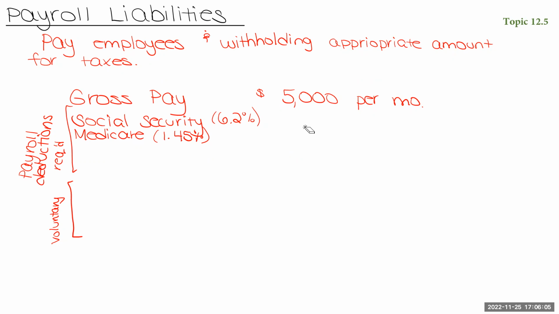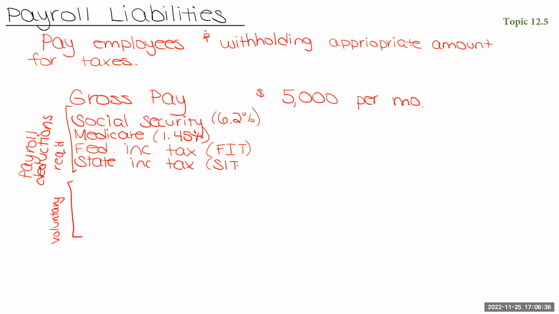All right. Okay, and this isn't a payroll class. I'm not going to go into the nitty-gritty of how to calculate it. For our class, just knowing that 6.2% of gross wages and 1.45% of gross wages is fine. The other required withholdings are federal income tax withholding, sometimes abbreviated FIT, and state income tax withholding.